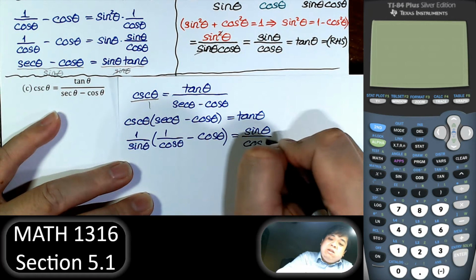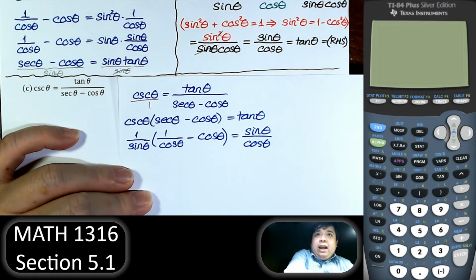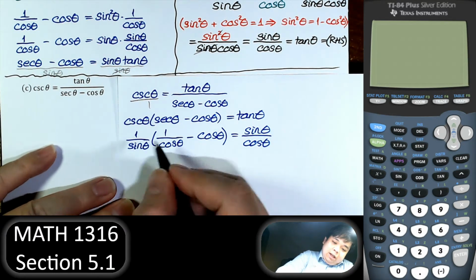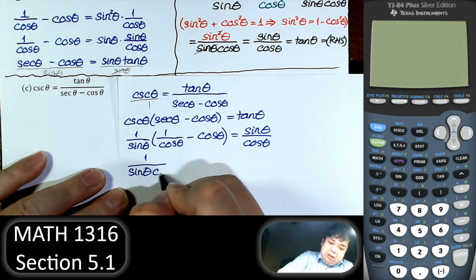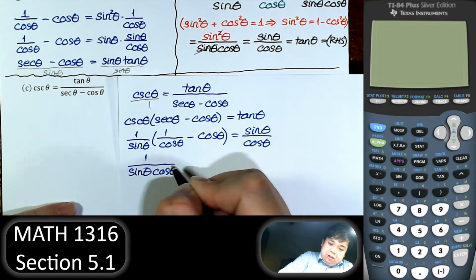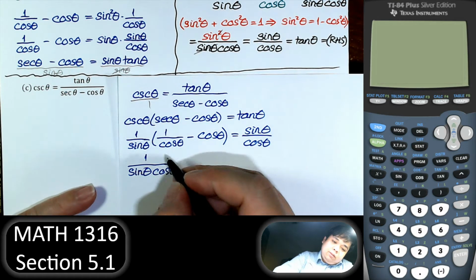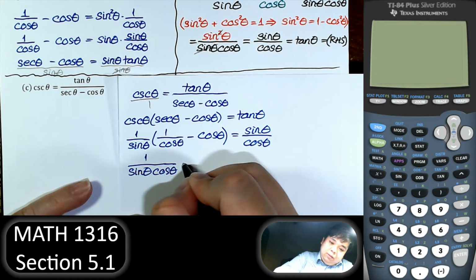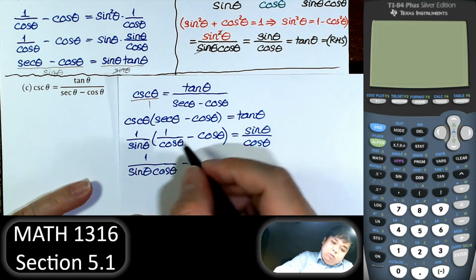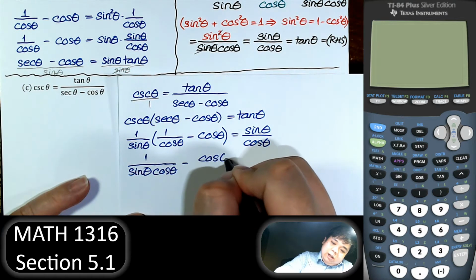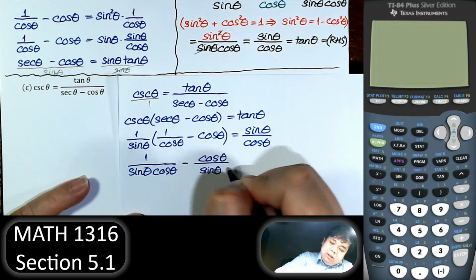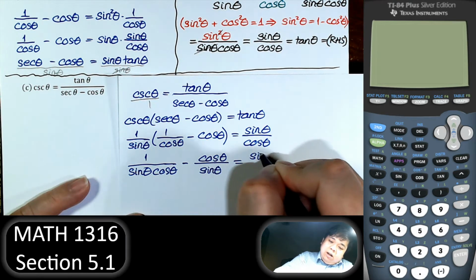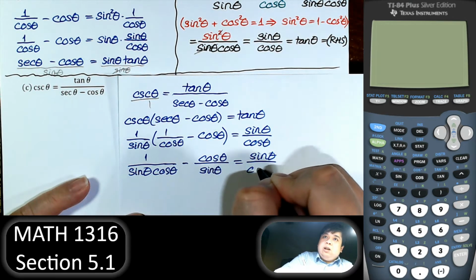Just write everything in terms of sine, cosine. Now, multiply it all out. That gives us 1 over sine times cosine, and multiply that, gives us cosine over sine. And here we have sine over cosine.